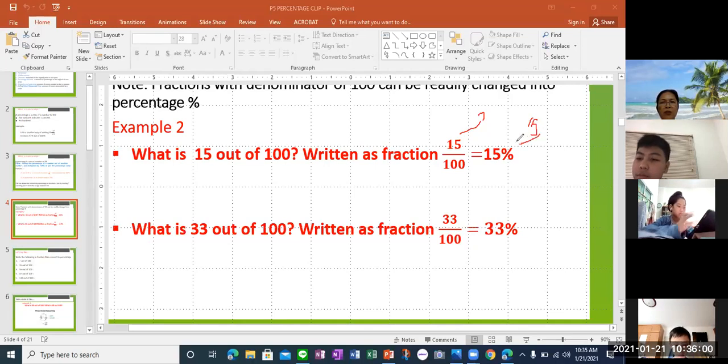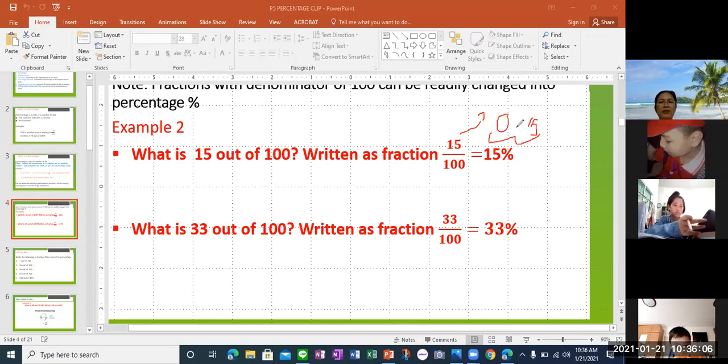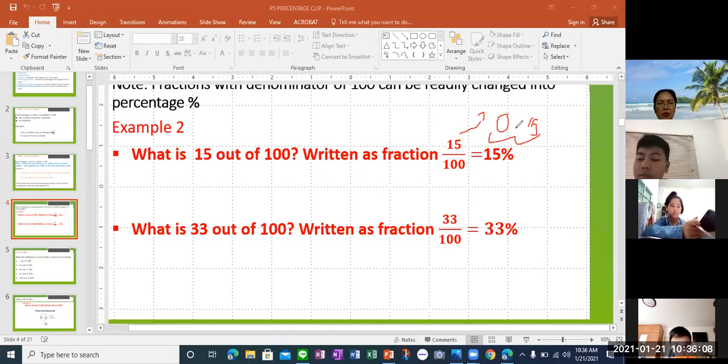Now you're going to move 1, 2, and then there. Now you're just going to move the decimal places and then add the percent symbol, because this symbol means percentage or percent.